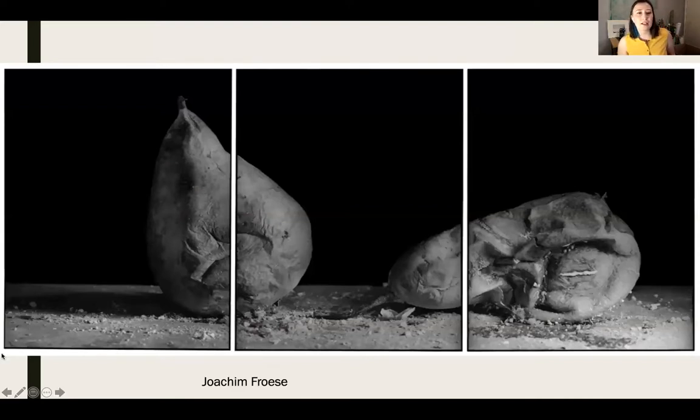Okay, Joachim Frosch. So this is an artist who really likes taking their time within a studio setting. So the other examples were either out in nature or more candid. Slow photography could also mean being slow and methodical in a studio environment.